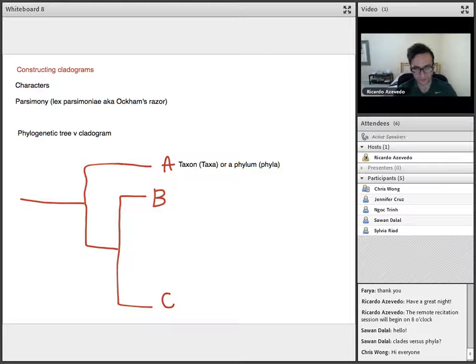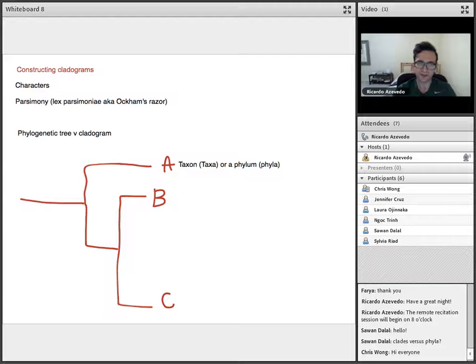And if we simply want to draw a tree where the relationships are shown, that is a cladogram. So a gram just means a graph. A clad or clade just means a group. So it's a tree that represents the relationship between the groups.